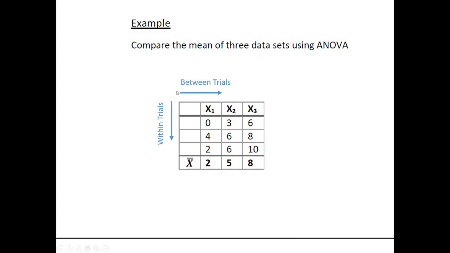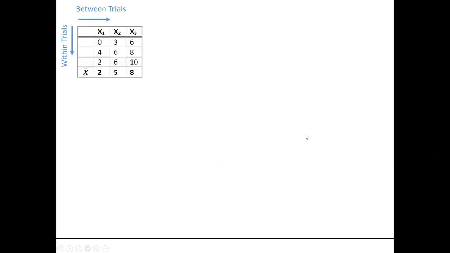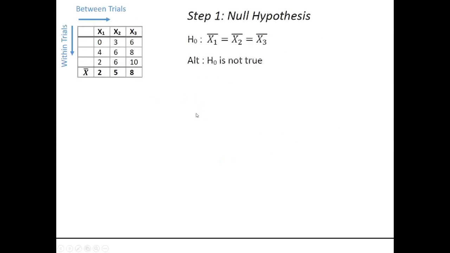So when I talk about between trials, I talk about the columns, and when I talk about within trials, I talk about rows.